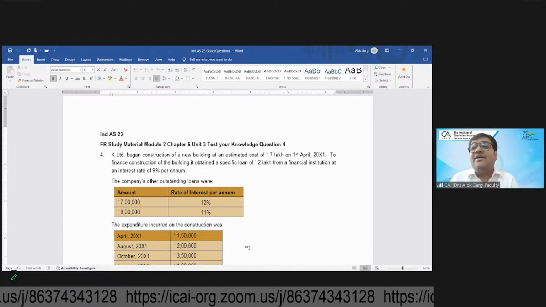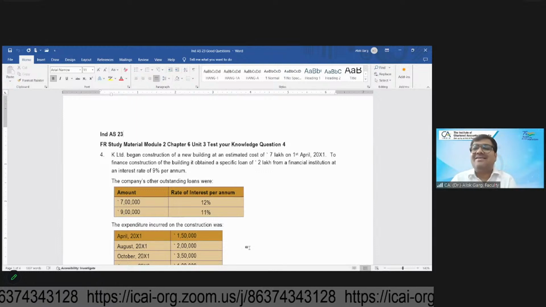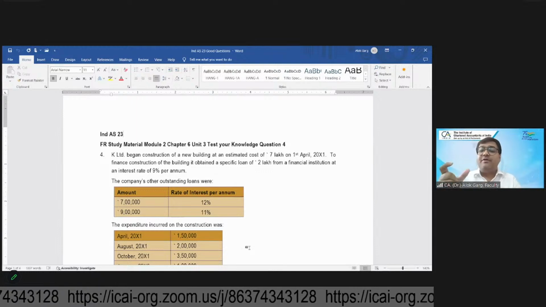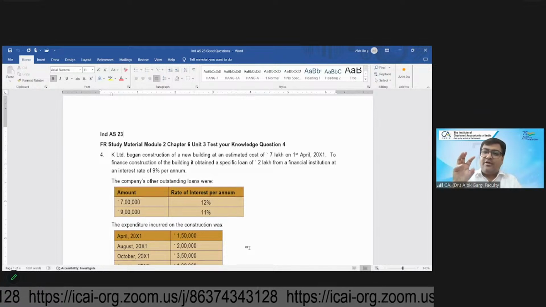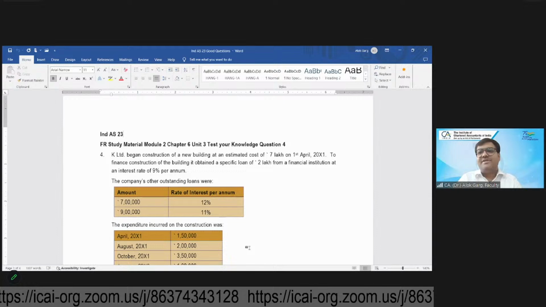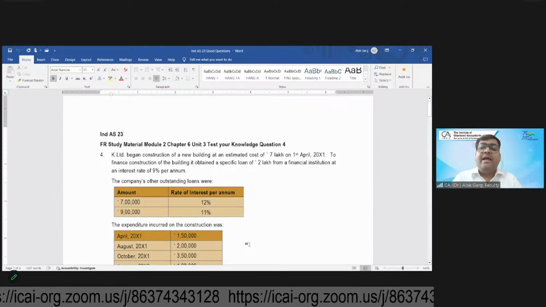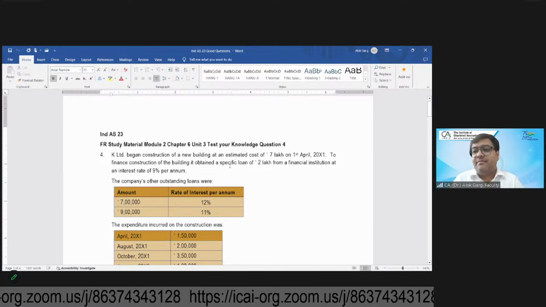The standard says that exchange difference loss can also be capitalized to the extent of the difference between the interest expense in terms of foreign currency rate and in terms of domestic currency rate. Correct? And we discussed one question around that in the last class.